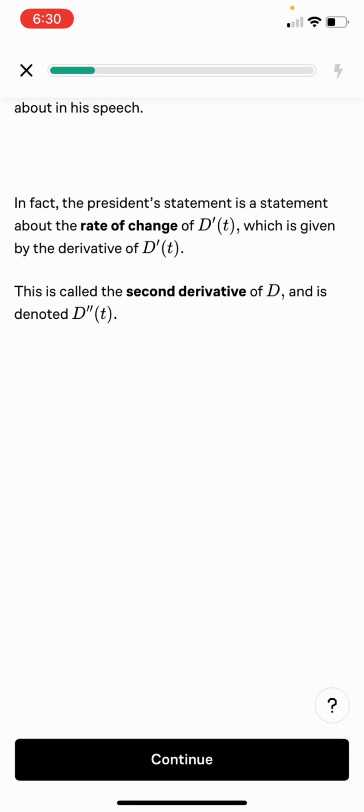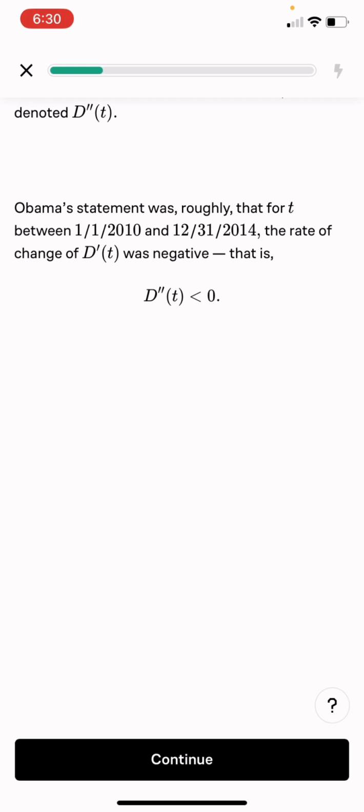But this is not what Obama was talking about in his speech. In fact, the president's statement is a statement about the rate of change of D'(t), which is given by the derivative of D'(t). This is called the second derivative of D, and is denoted D''(t).